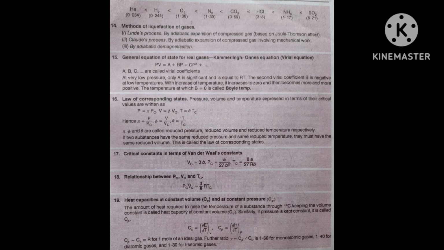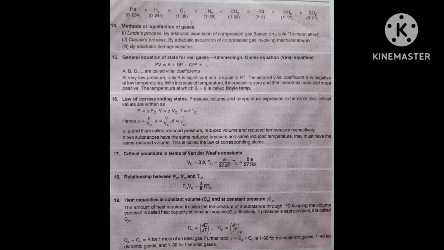Similarly, V is equal to phi Vc, then phi is equal to V upon Vc. Similarly, T is equal to theta Tc, then theta is equal to T upon Tc. Here, pi, phi and theta are called reduced pressure, reduced volume and reduced temperature respectively.